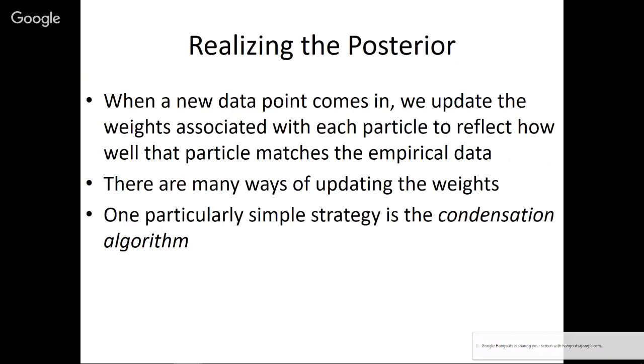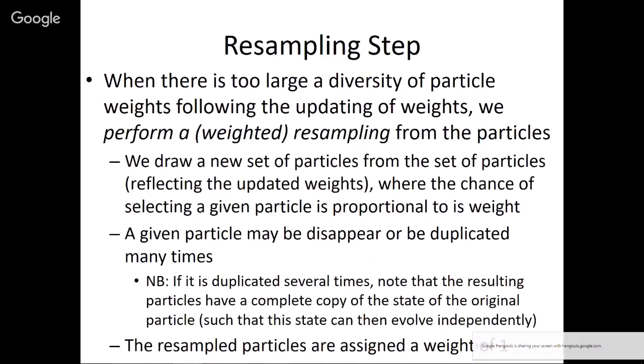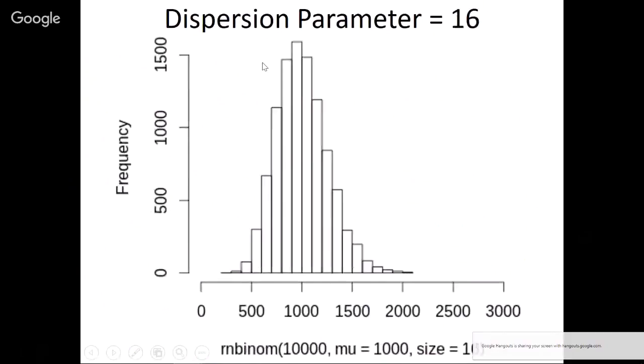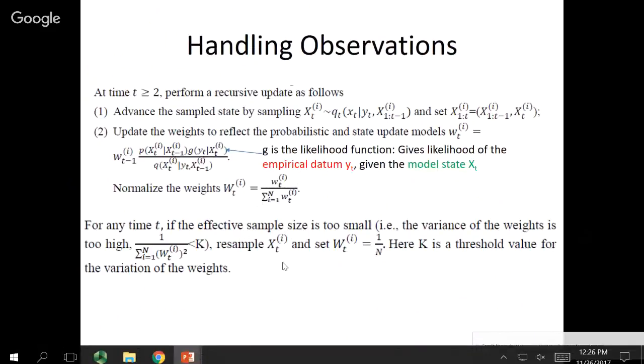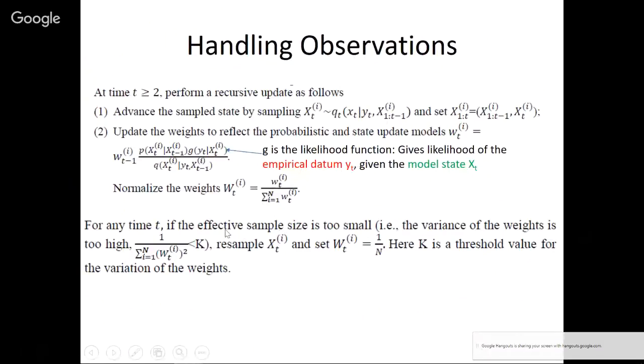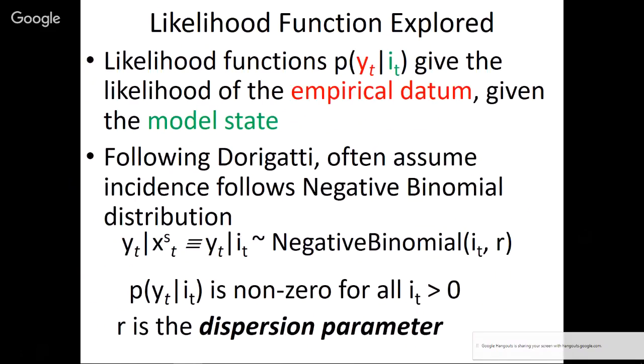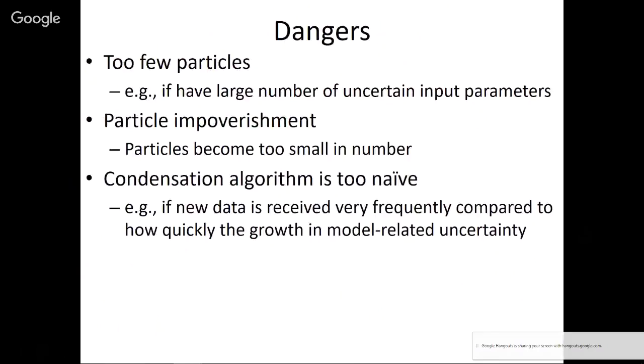And that's what we do, ladies and gentlemen, in resampling. If there's too large a diversity of particle weights, that's what was shown right here. If the effective sample size is too small, we resample from possible states of the model where we have weights equal to 1/n.